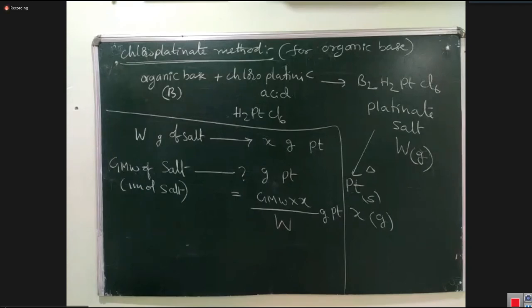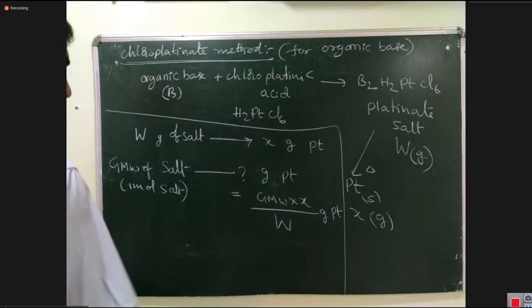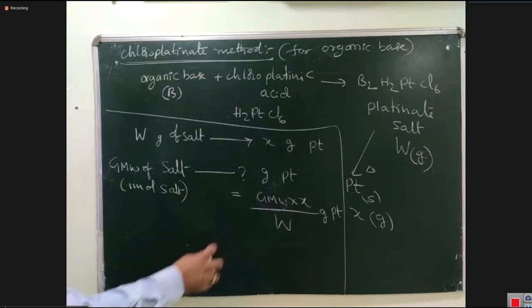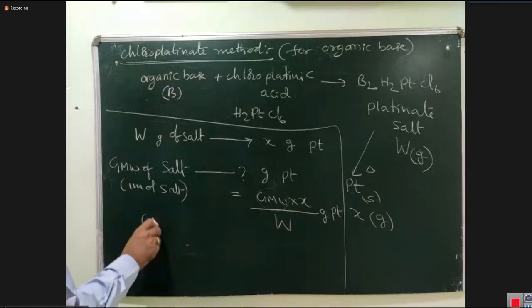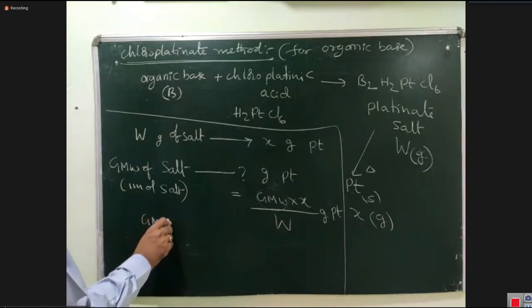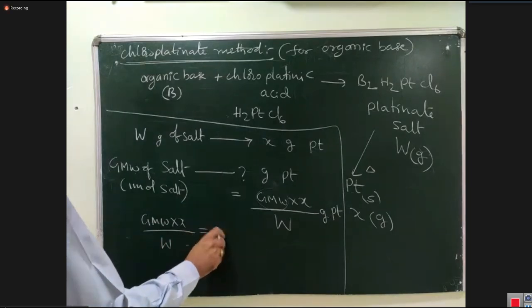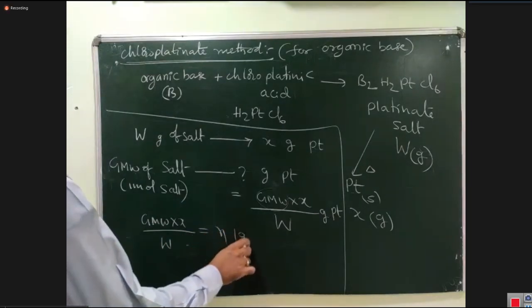Next, we need the gram molecular weight of the salt. This platinum mass, gram molecular weight into X by W, must be equal to N into 195.